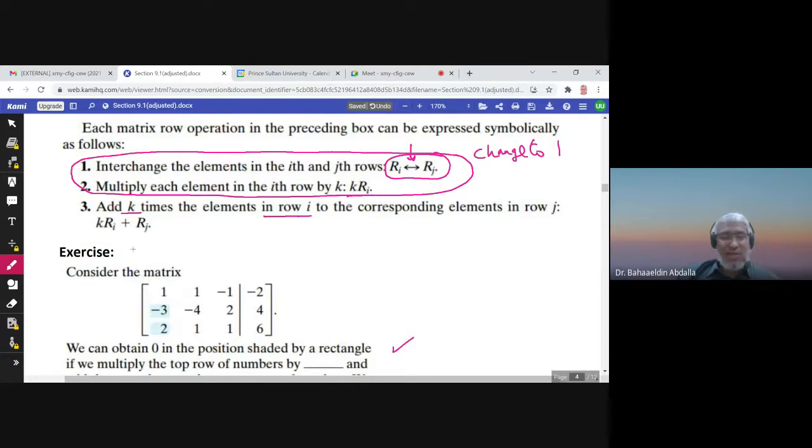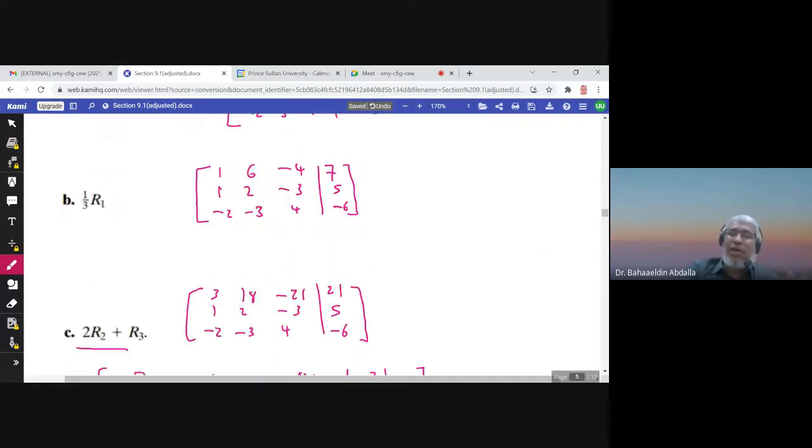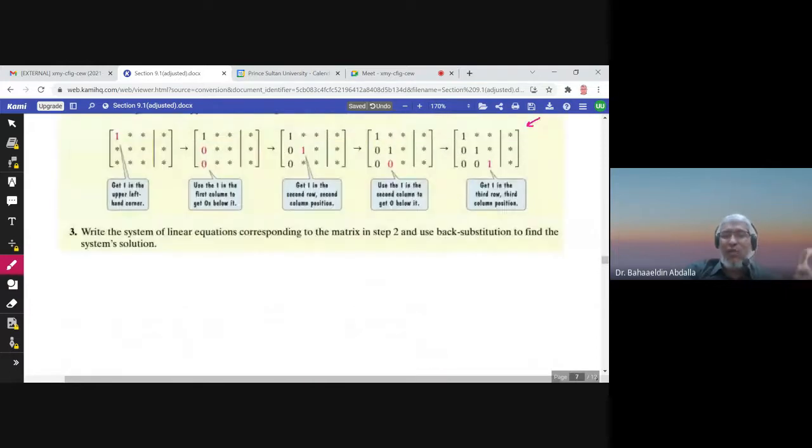The last one, number 3, only operation number 3 is used to change to zeros. Okay? If you follow this, you will not make any mistake in the Gaussian elimination method.